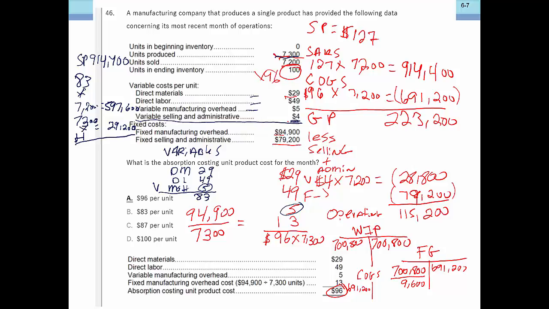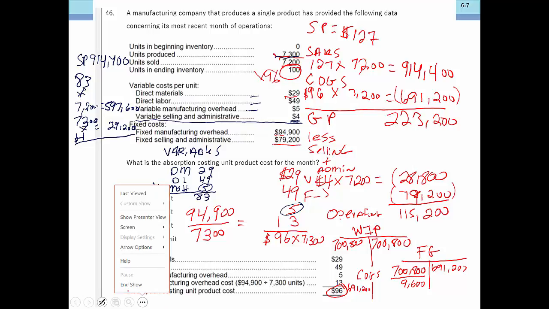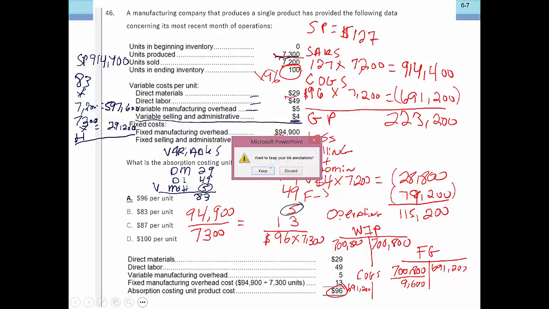When you look at it from the standpoint of the work in progress, let's just do the work in progress. I'm not going to do it here because this is starting to turn into somewhat of a problem. Let me just pause this for a second. Let's just look at the work in progress.